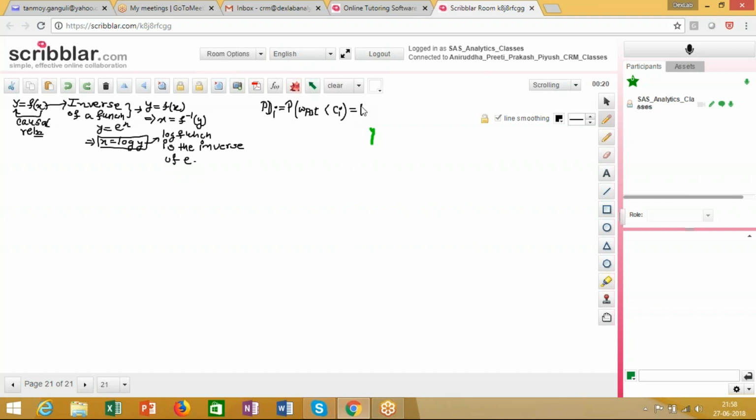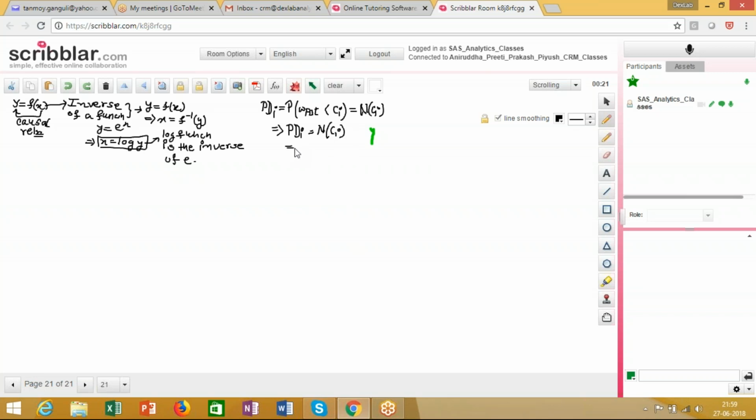So this is obtained from the cumulative distribution function, the normal cumulative distribution function. So what we can also say is that the PDi, the probability of default for the ith borrower, is a function of the normal cumulative distribution from where Ci is obtained.